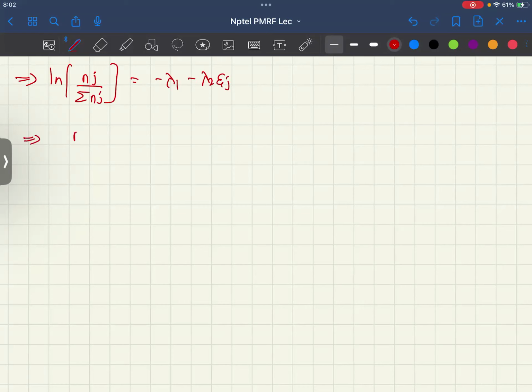This implies nj by summation j equals 0 to l of nj is equal to exponential of minus lambda 1 minus lambda 2 epsilon j.